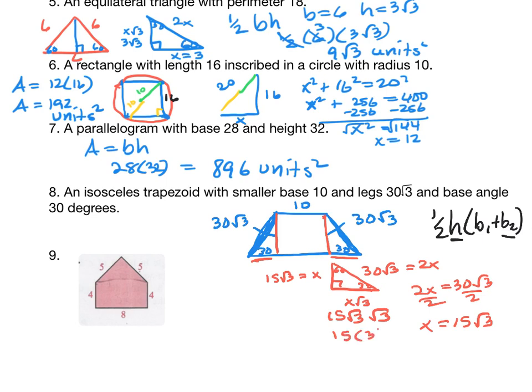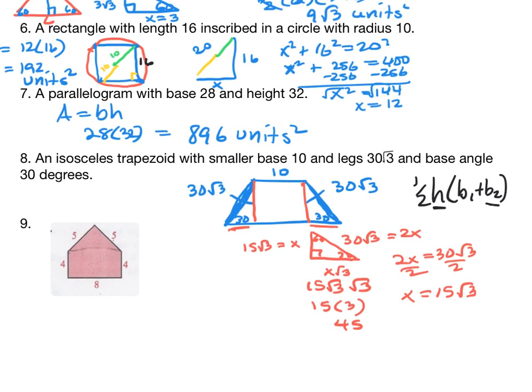So 15 times 3, and that little piece is going to be 45. So now, my base 2, which is down here, is made up of 45 plus 10 plus 45.